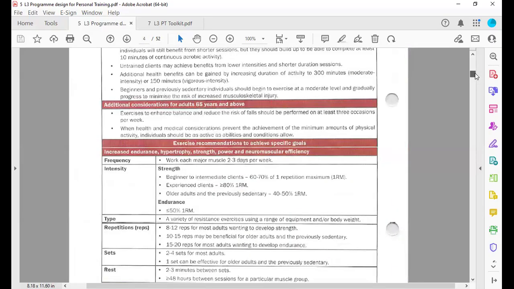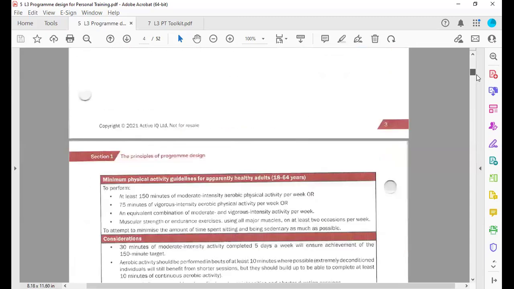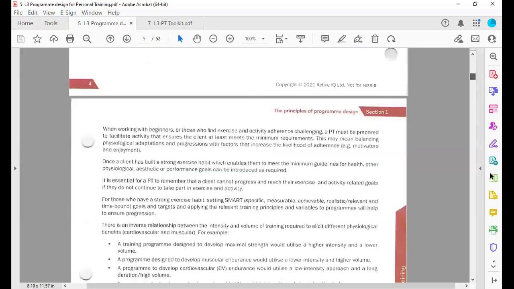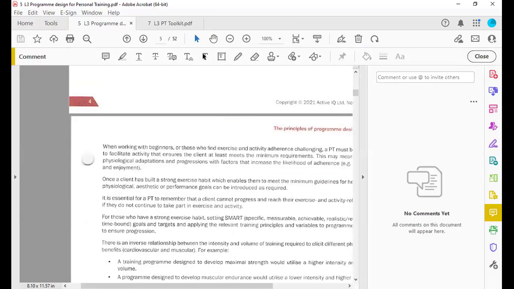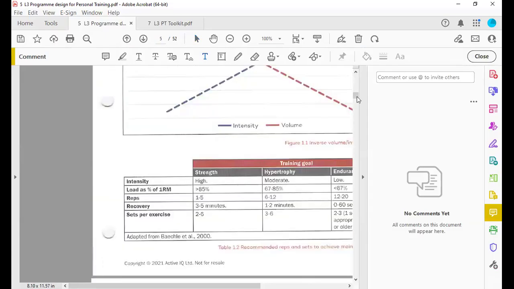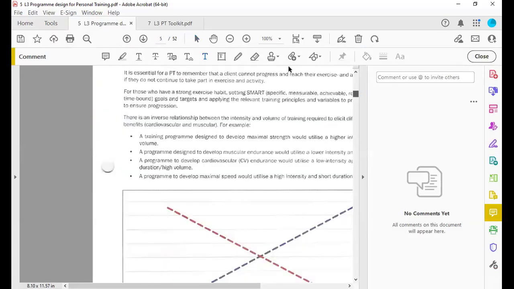So do, before you sit down to write your 12-week plan, be 100% certain on what the rep ranges should be. So for example, if we are training for endurance, we should be looking at rep ranges in the 15 rep maxes. So for example, just to revisit this, so endurance, we should be seeing rep ranges of about 15 reps, 60% of a 1 rep max.